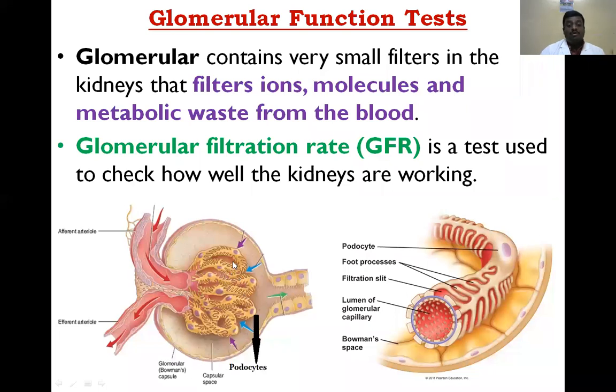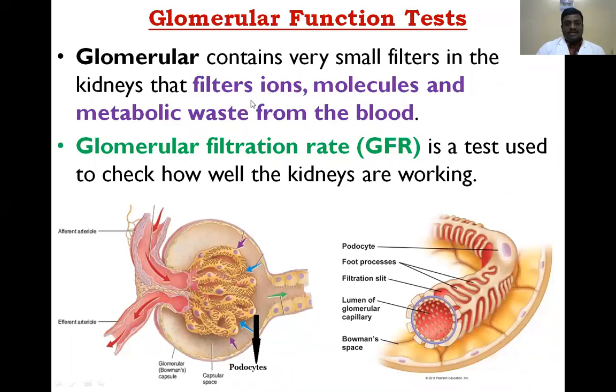What are those? Podocytes. Podocytes have a specialized filtration function. They filter different substances. If the podocytes are working normally, normal filtration takes place. If there is any abnormality in the podocytes, the glomerular filtration may be increased or decreased.